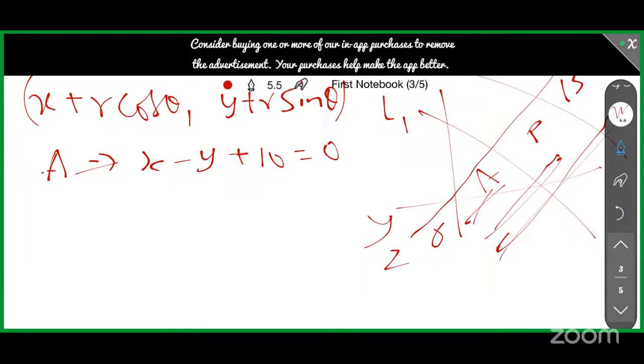Now, this one we need to write in the parametric form. Before that, a point in a Cartesian plane. Did you discuss the Cartesian coordinate system and polar coordinate system?